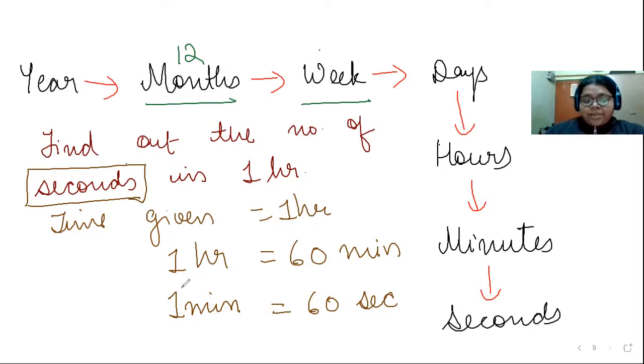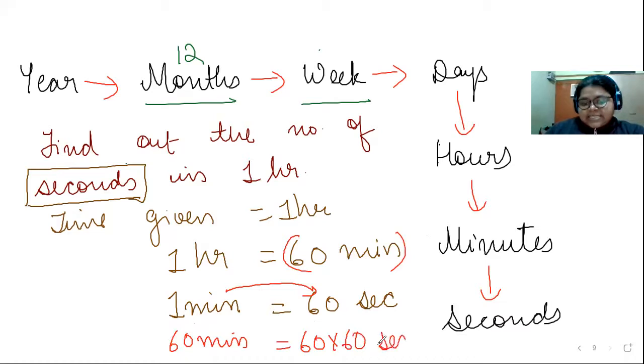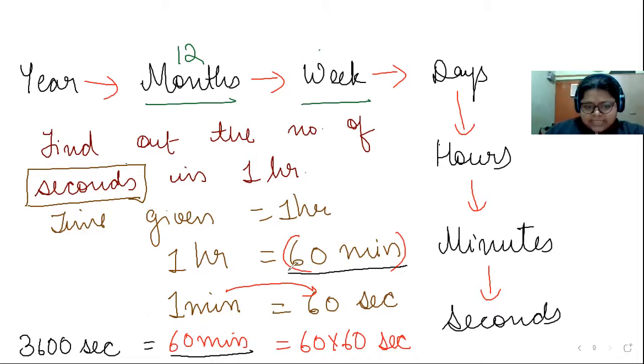Similarly, if 1 minute is equal to 60 seconds, then how much will be 60 minutes? Therefore, we can write 60 minutes is equal to 60 into 60 seconds, and that would be equal to 3,600 seconds. 60 minutes can also be written as 1 hour.